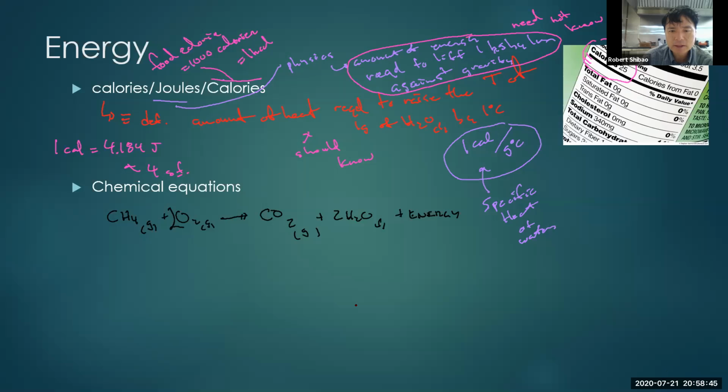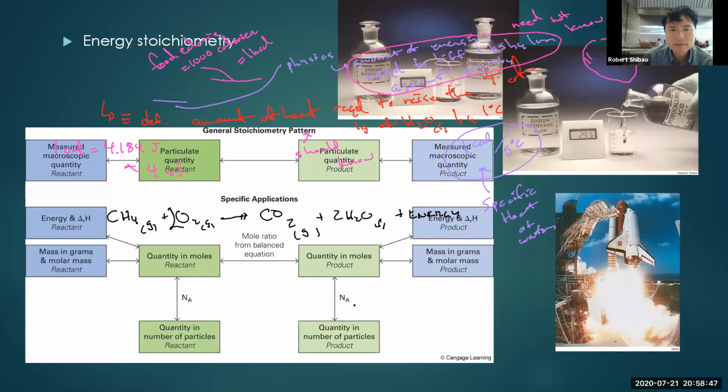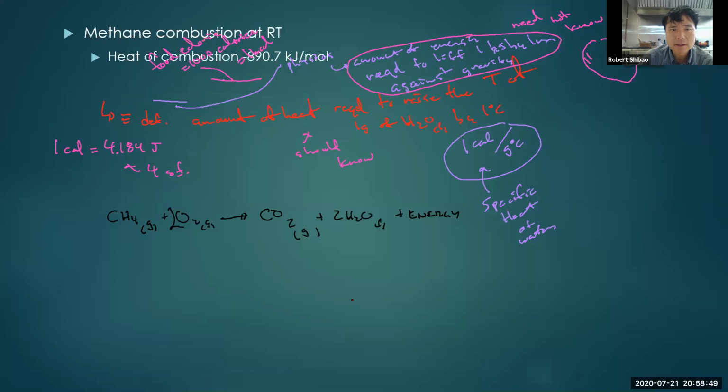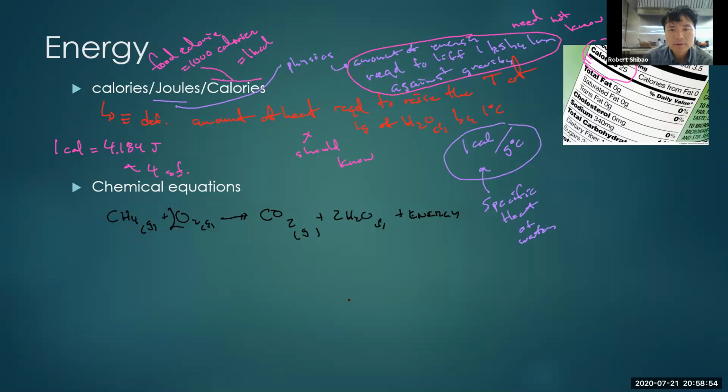I put it on the next slide, I think. Check the next slide. 890.7 kilojoules. This amount of energy here is plus 890.7 kilojoules, or 890,700 joules.